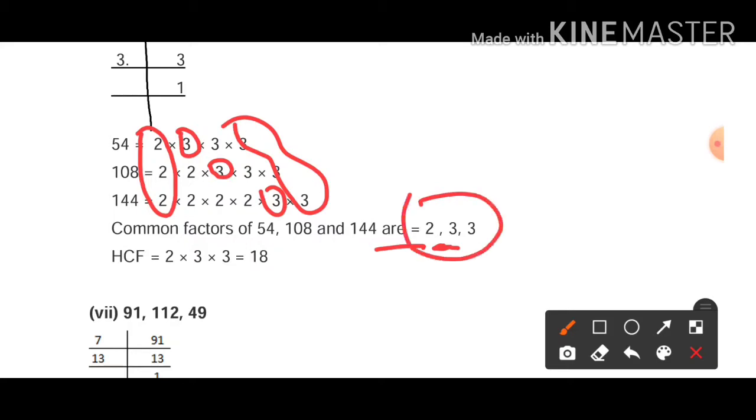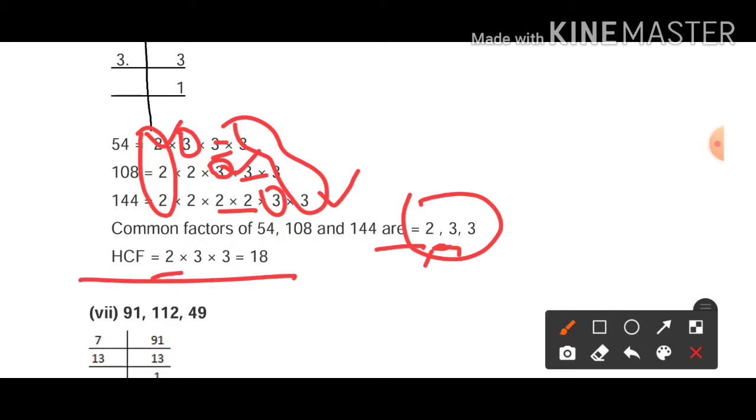So the common factors are 2, 3, 3. Other than that, 54 and 108 both have another 3 factor, but 144 does not have any extra 3, so it is not a common factor. So only the common factors are 2, 3 and 3. Now multiply this.